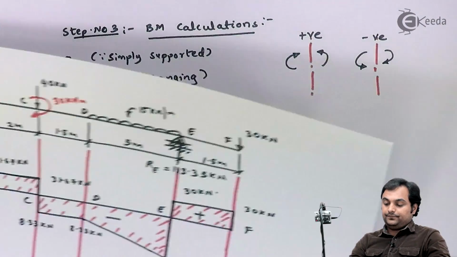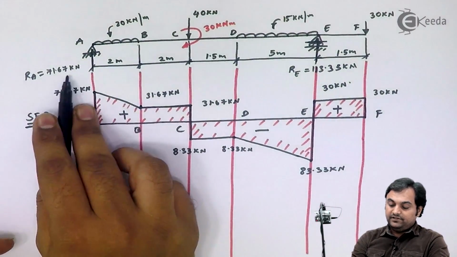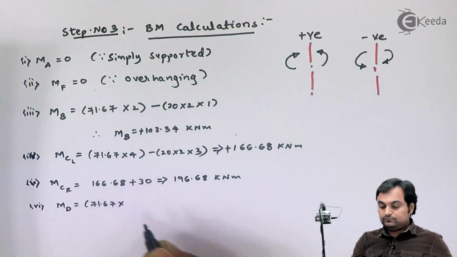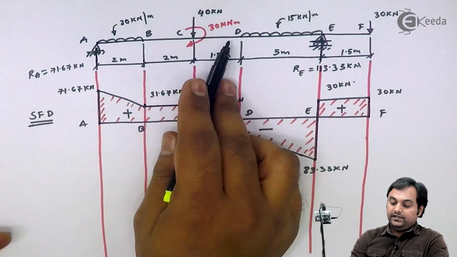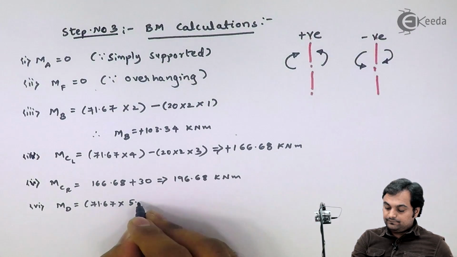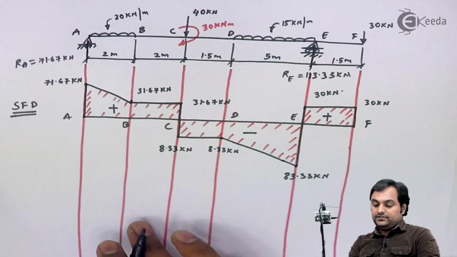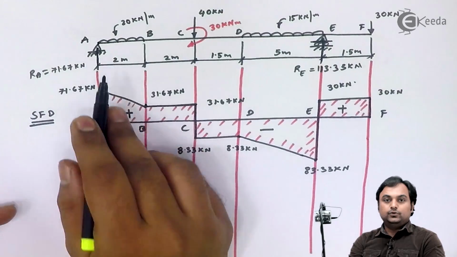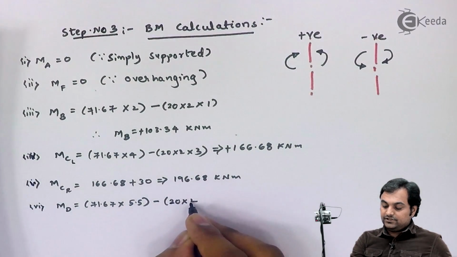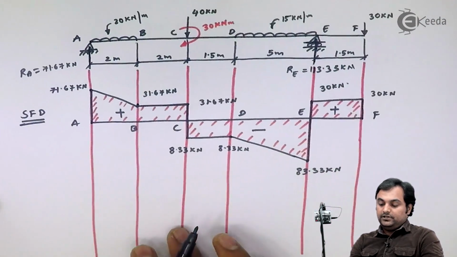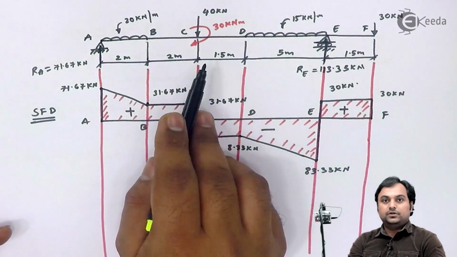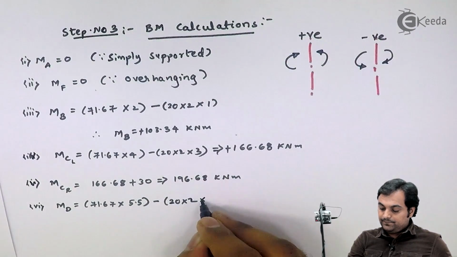That will be 71.67 into, from D to A the distance is 5.5. Next, minus 20 into 2, that is the UDL into point load, multiplied by the distance from point D, which is 1 plus 2, 3, 3 plus 1.5, that is 4.5.